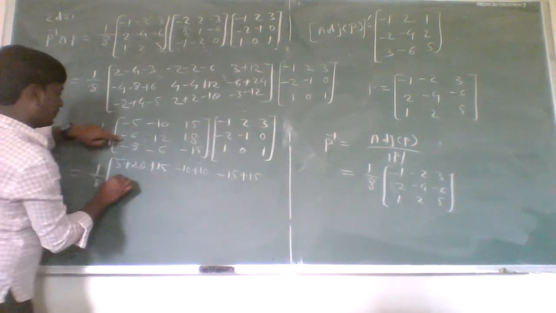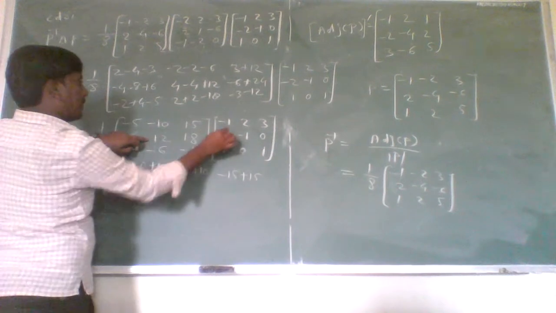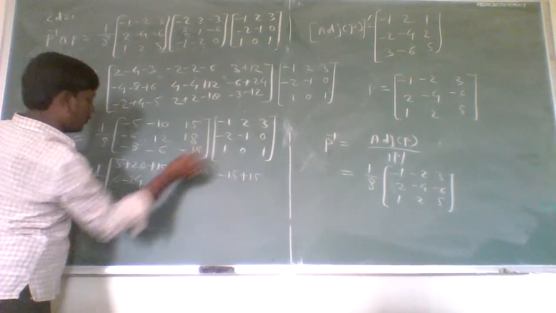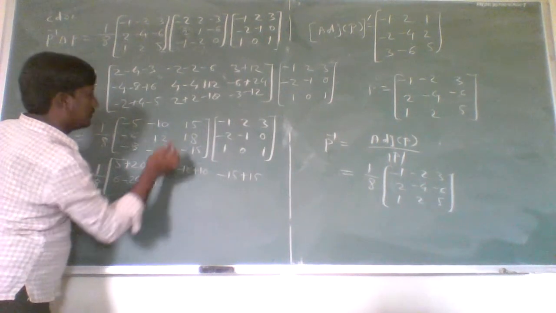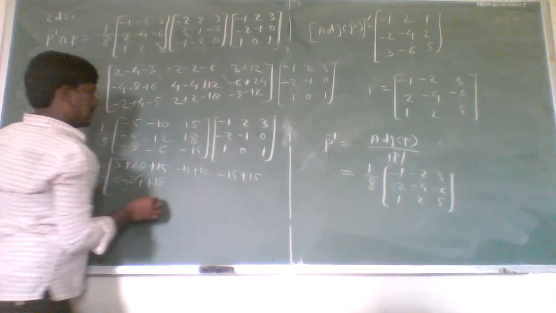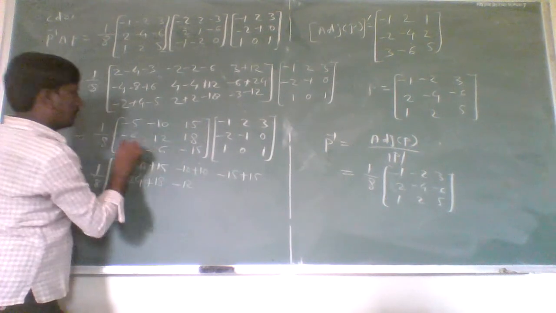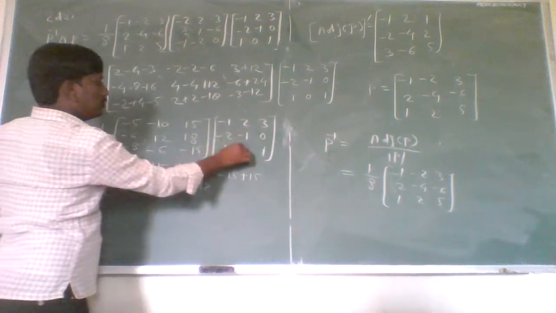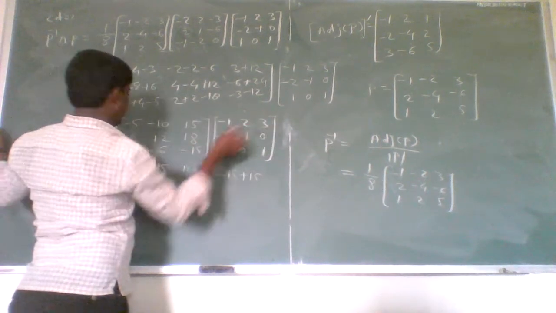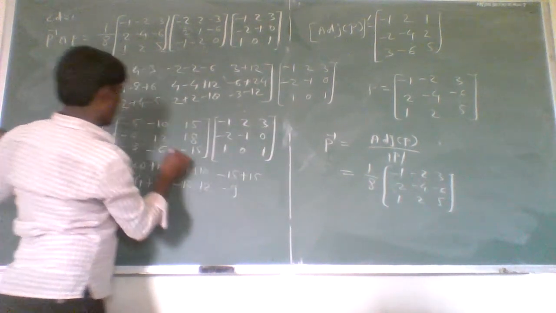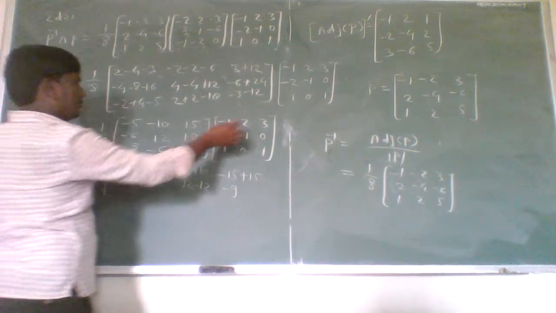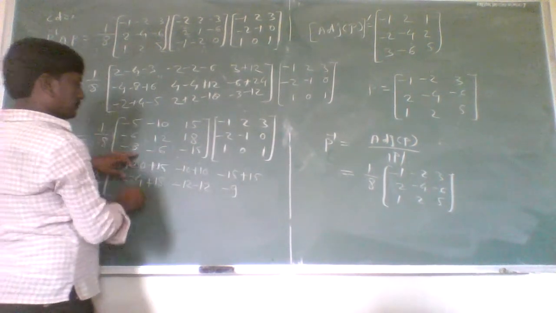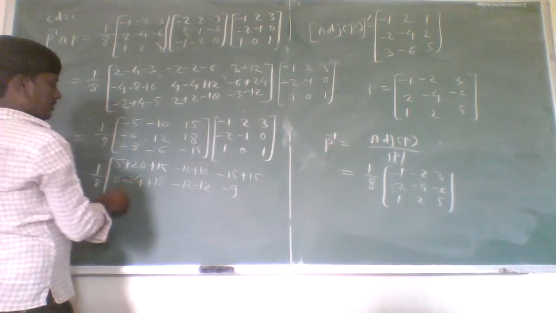Minus 6 into minus 1 plus 6, 12 into minus 2 minus 24, 18 into 1 plus 18. Minus 6 into 2 minus 12, 12 into minus 1 minus 12, 18 into 0 is 0, minus 3 into 3 minus 9.